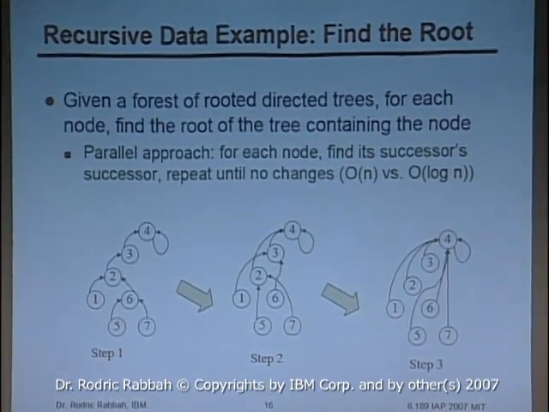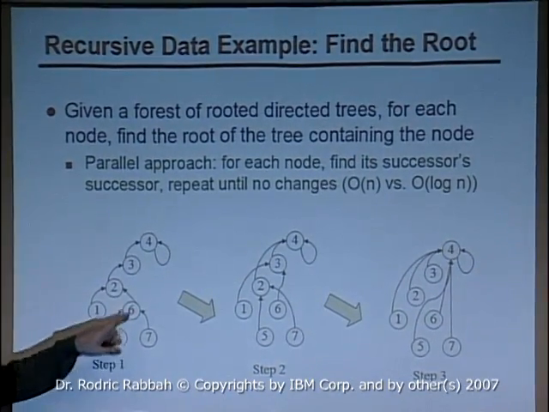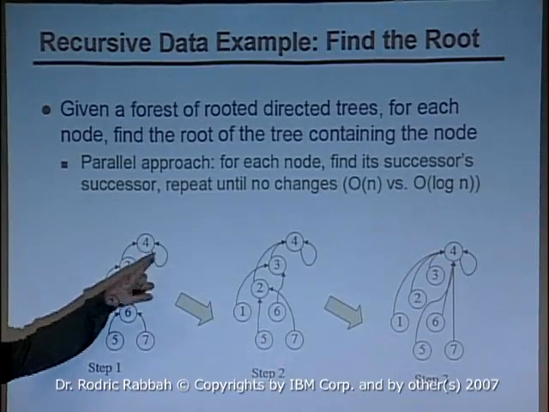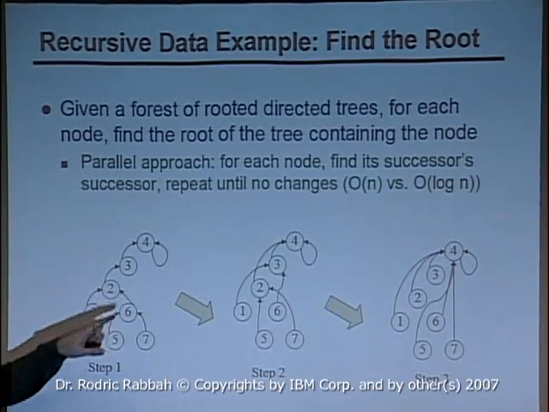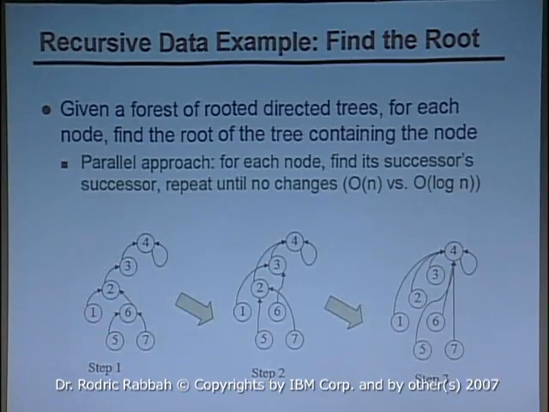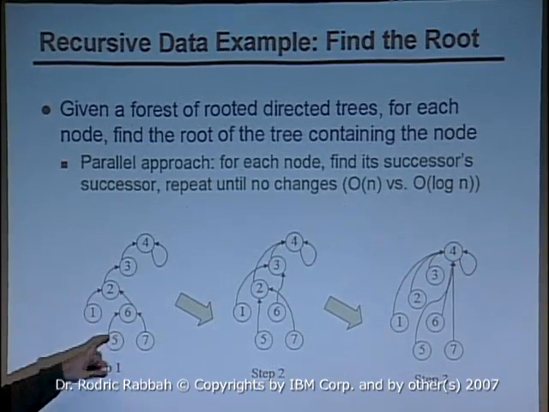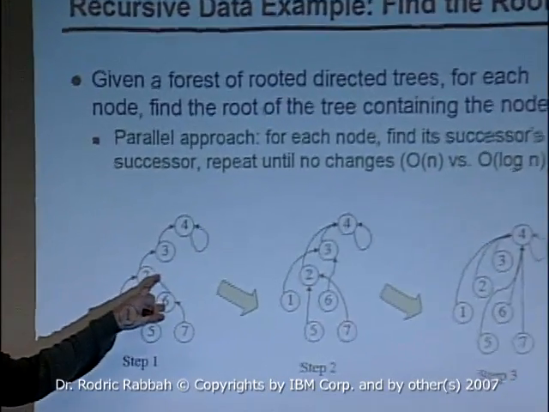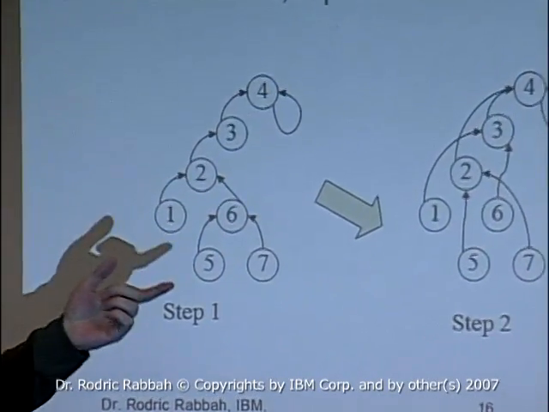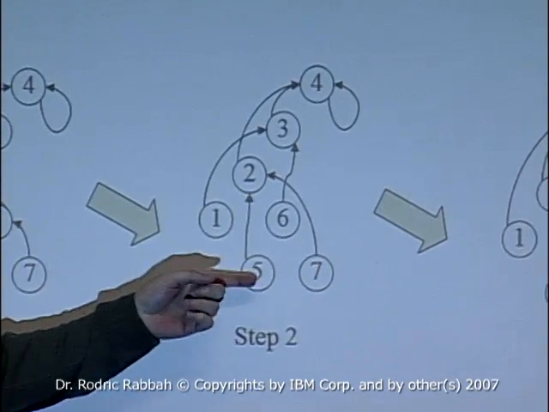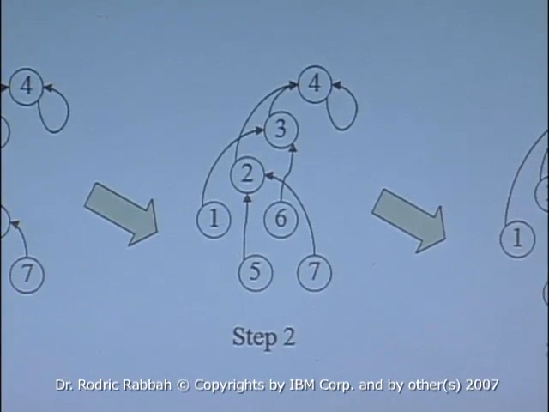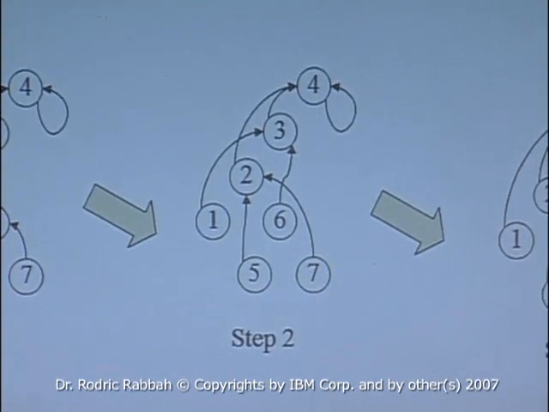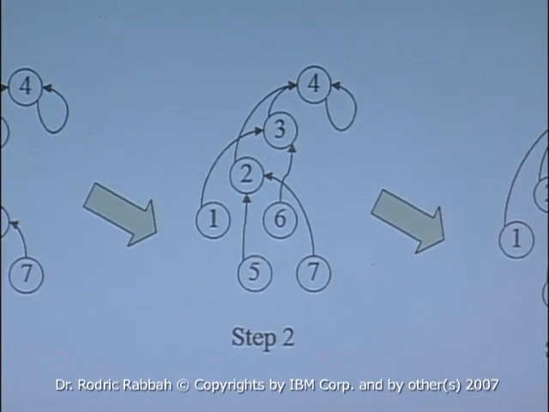So rather than starting with each node and then in a directed graph following its successor, which is essentially order n, because for each node we have to follow n links, we can think about it slightly differently. What if, rather than finding the successor and then that successor's successor, at each computational step, we start with a node and we say, who's your successor's successor? So we can converge in this example in 3 steps.